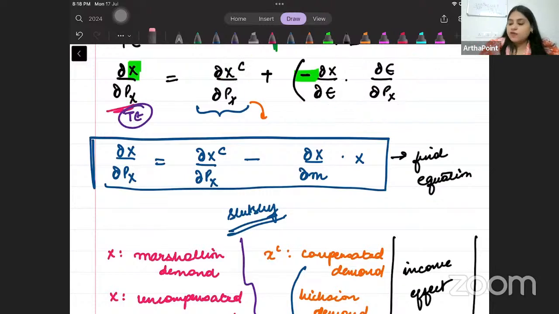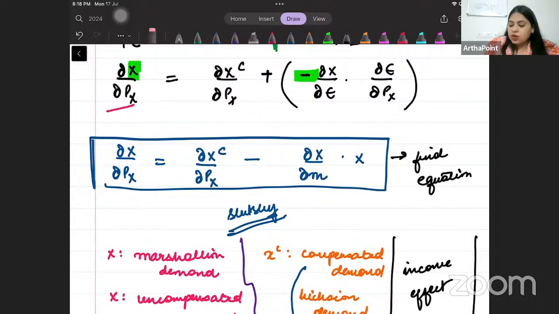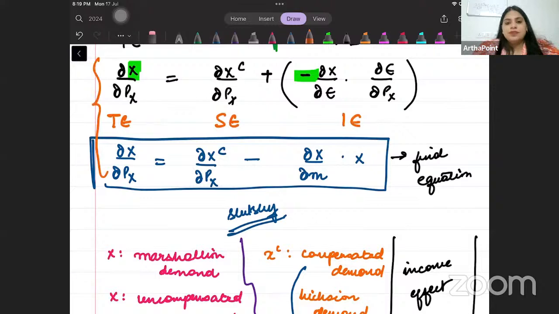You can make a note of both of them. And just make note that this is total effect, substitution effect, income effect. These are the two equations of Slutsky. Let me know once you have written this.